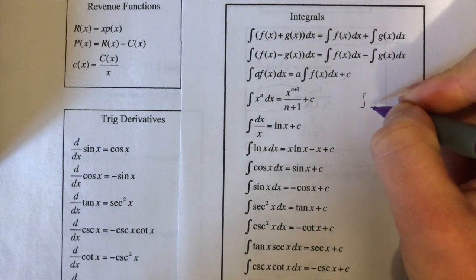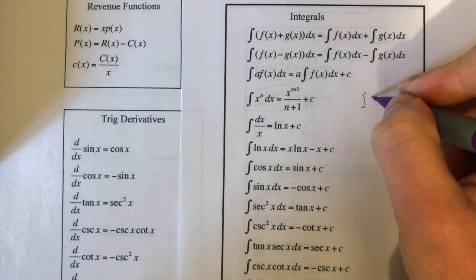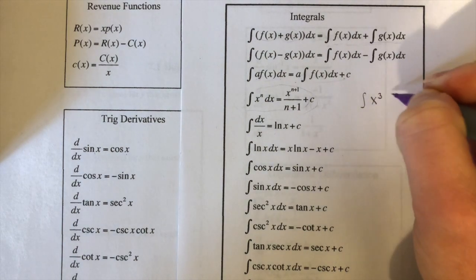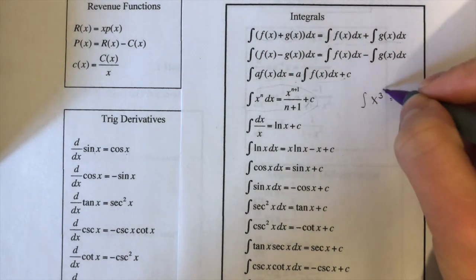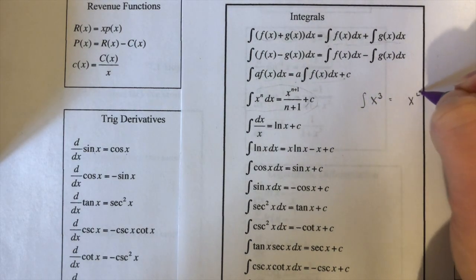So if I have the integral of, let's say, x cubed, if we wanted to figure out what that is, we'd say, okay, if we thought about it as an antiderivative, we know that it must have started as an x to the 4.